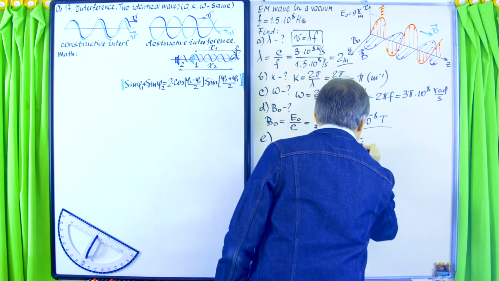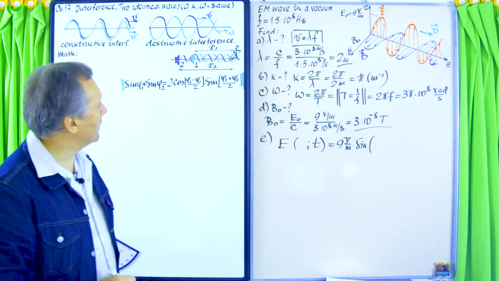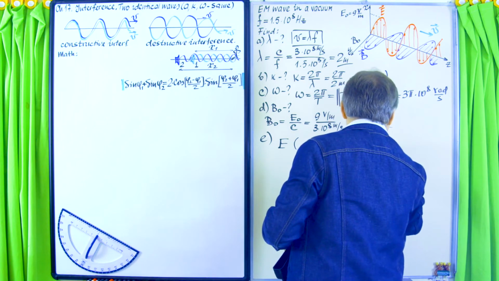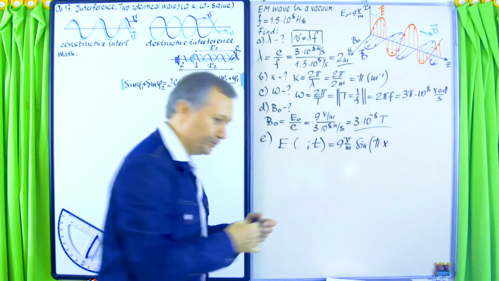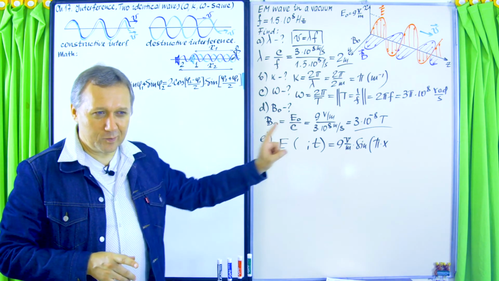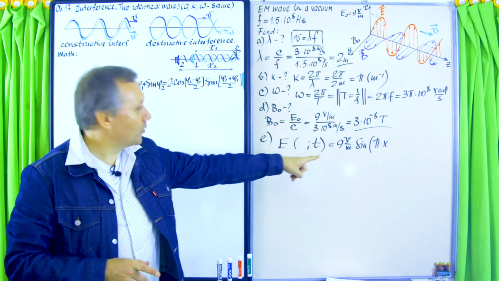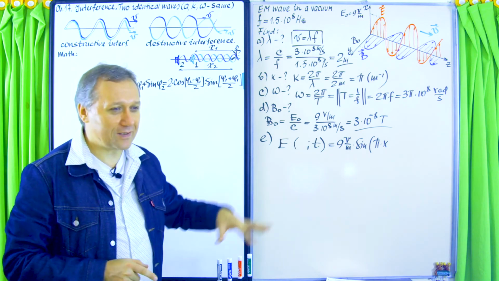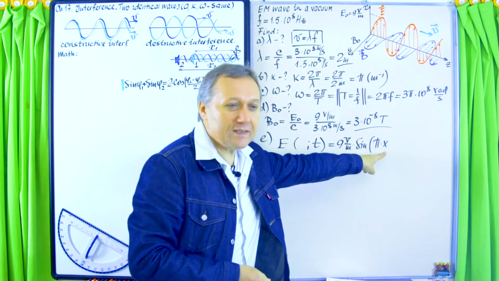Then sine, k. What is k? This is pi, x. Oh, now, is it correct? On purpose, I skipped over here because I didn't want to write it immediately, and I wanted to discuss it. Is this correct?